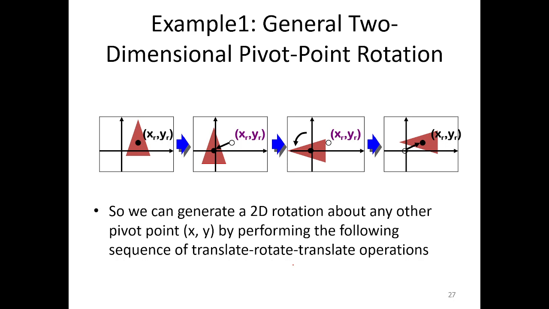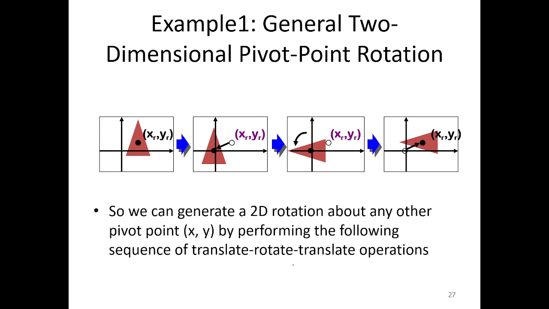For example, a general two-dimensional pivot point rotation, with pivot point xr comma yr. Here, with the pivot point representation, whenever we apply the transformation, the point is rotated and then translated, so the position changes.